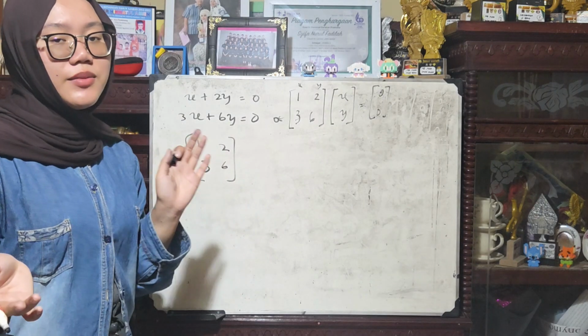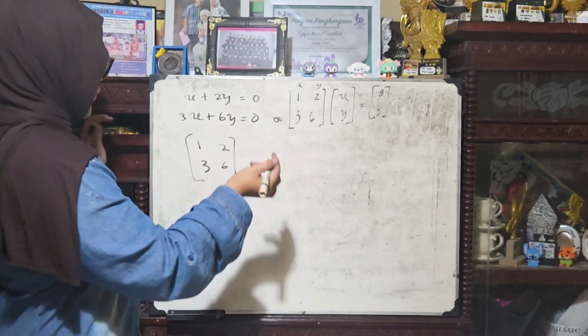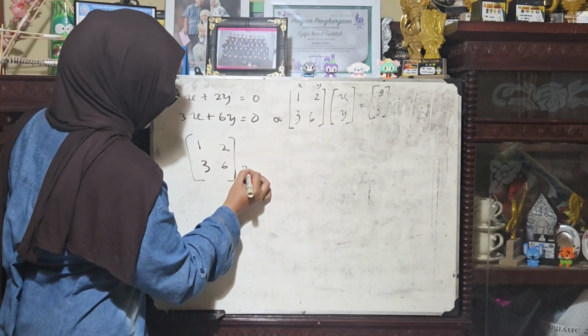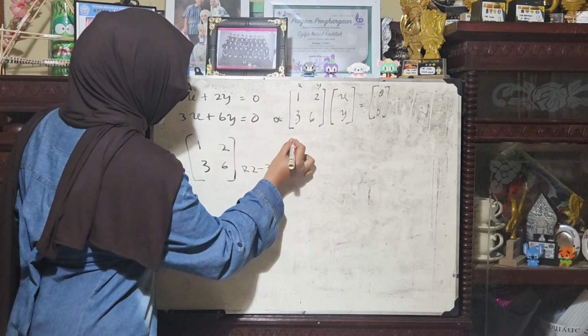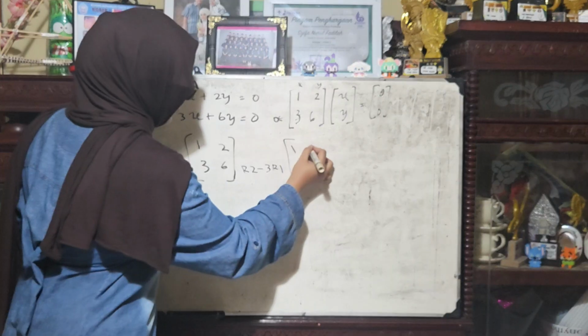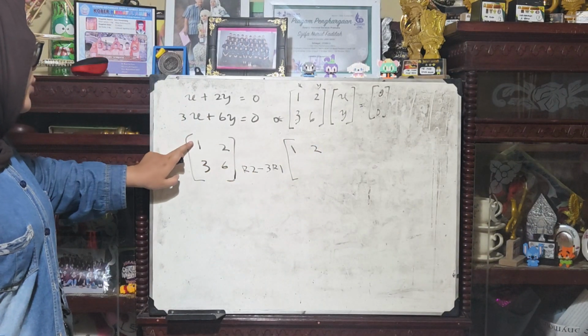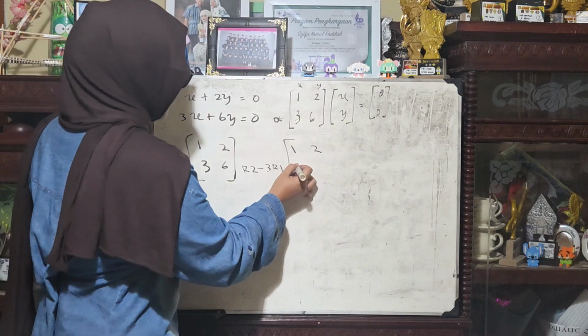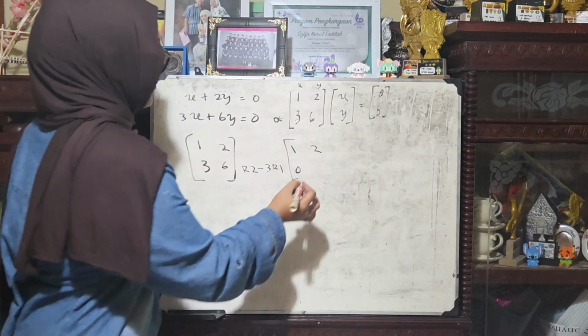Let's perform the elementary row operations. To make the second row all zeros, we can have row 2 minus 3 times row 1. We can write the first row, and 3 minus 3 times 1 equals 0. 6 minus 3 times 2 equals 0.